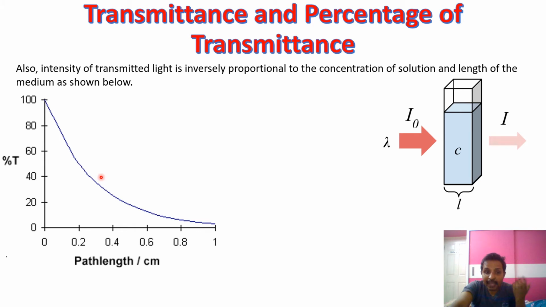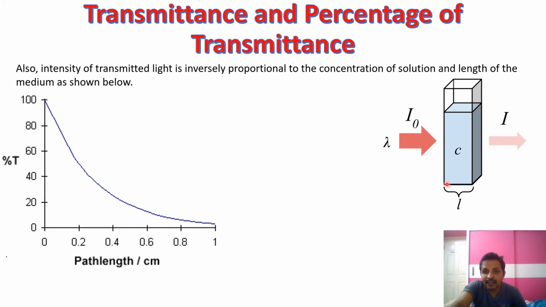Here, using a graphical representation, we can explain the path length. As the path length is smaller, the thickness is smaller, and the intensity transmitted will be nearly 100%.